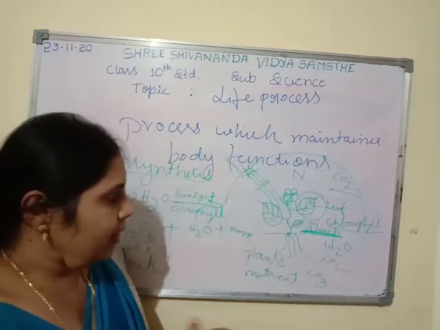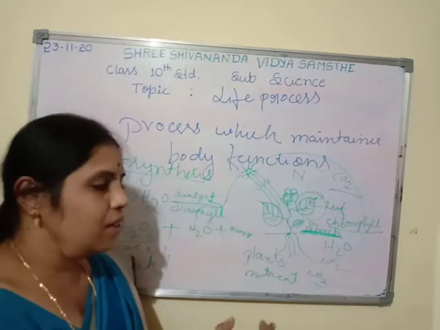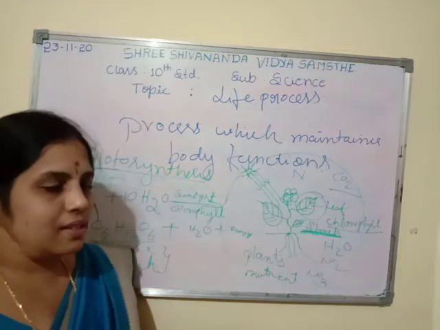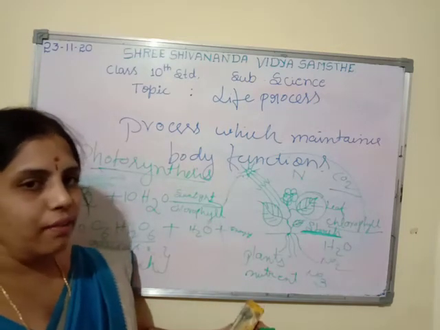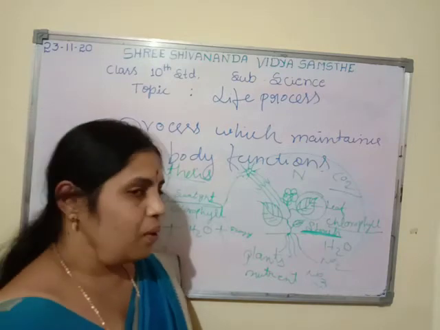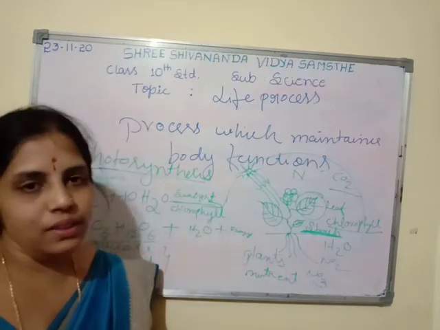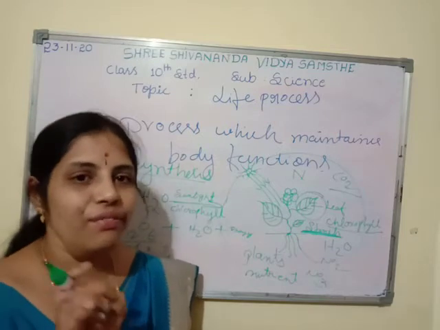When we eat food containing nutrients, these nutrients enter our body, get digested, and are stored in the form of glycogen. If we feel very tired after doing a lot of work, why? Because of loss of energy.